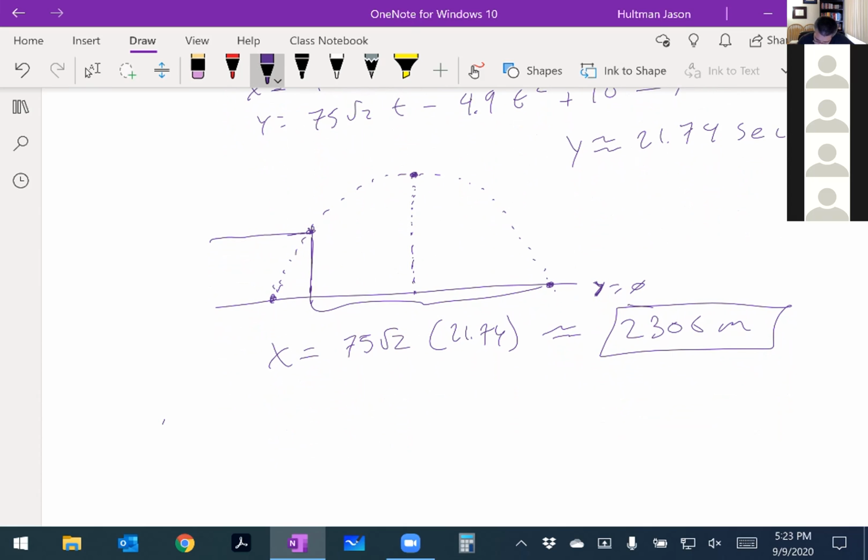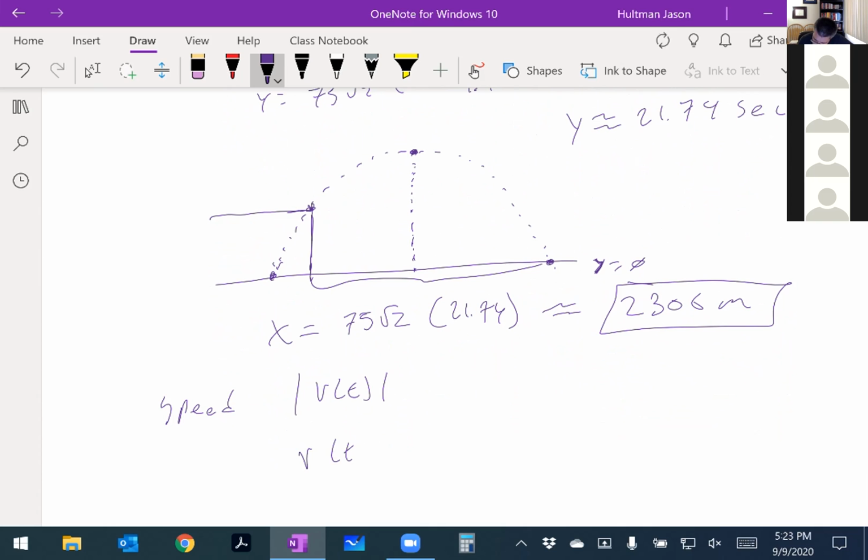Okay, what's the speed here? The speed is the absolute value of the velocity vector, v of t. Well, we need to find the velocity vector. We know that r of t is equal to 75 radical 2 t i in the x direction, plus 75 radical 2 t minus 4.9 t squared plus 10 in the j direction.